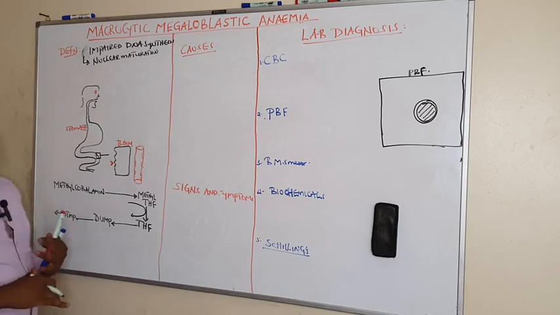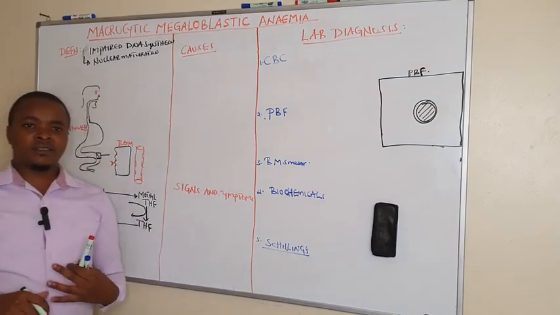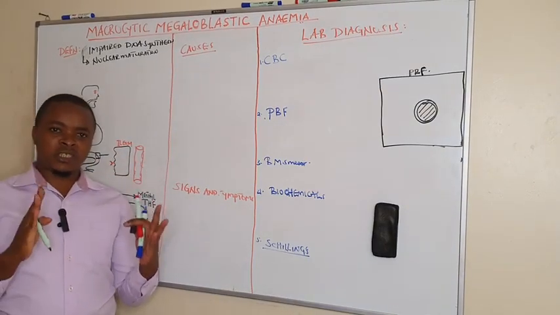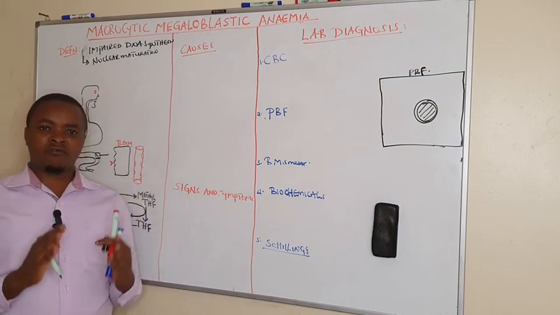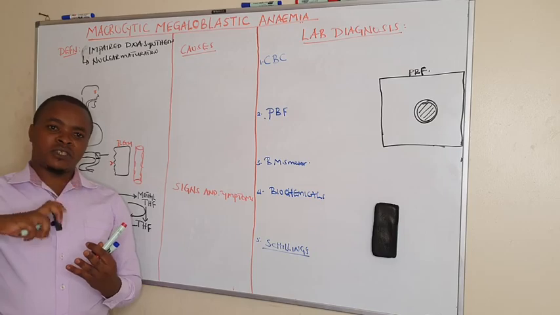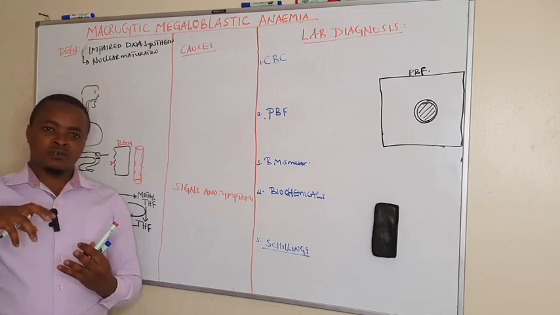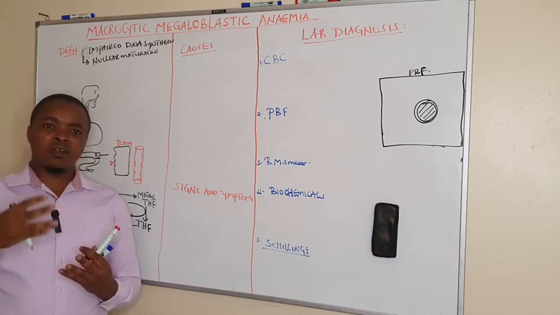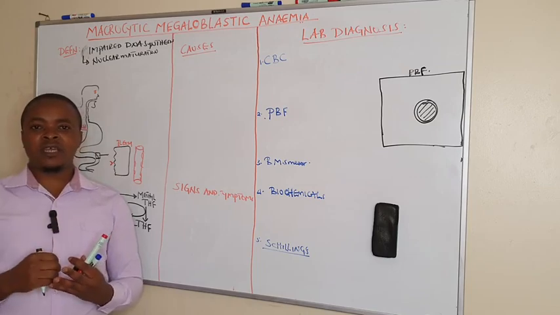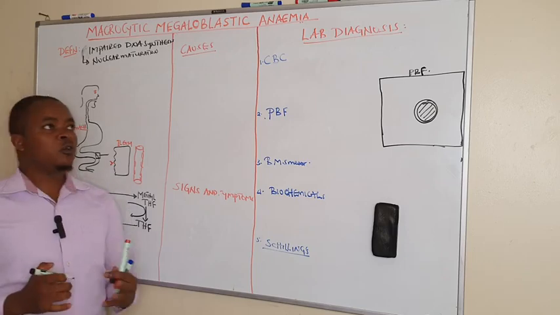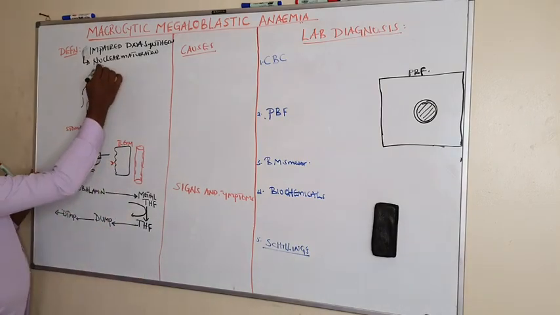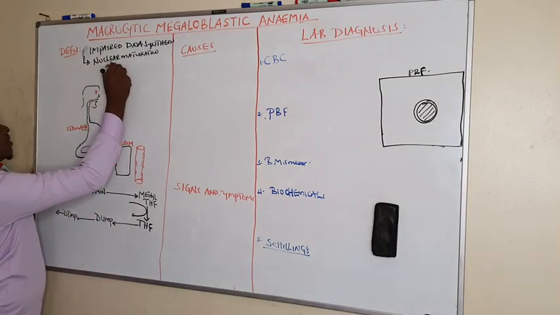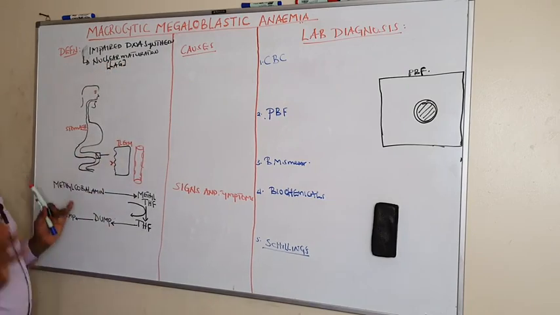So we are going to see, due to impaired DNA synthesis leading to decreased cell division or nuclear division, the cells are going to grow with asynchronous maturation of nucleus to the cytoplasm. So we are seeing that the nuclear maturation will lag behind as the cytoplasm matures.